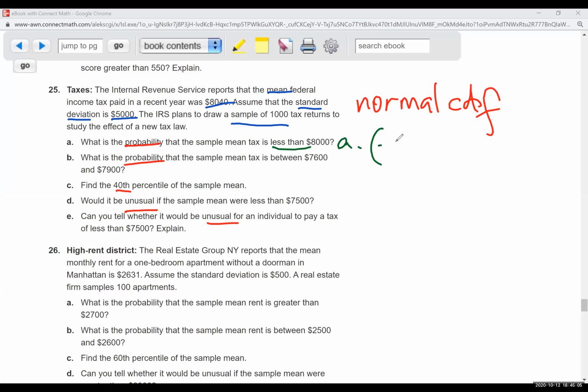So this is negative 9999, and this is the upper number, 8,000, and your mean is 8,040, and standard deviation 5,000 over square root of 1,000. Very good. 0.4001.